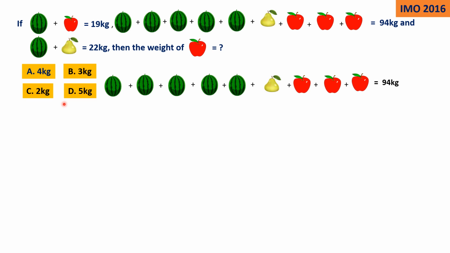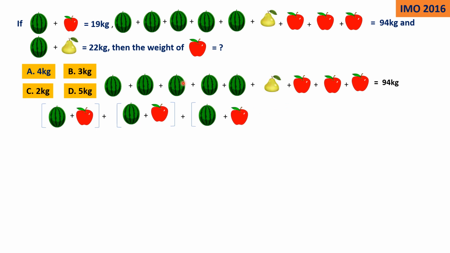So let's arrange these fruits in that manner. This watermelon plus this apple together plus this watermelon plus this apple together and this watermelon plus this apple together.